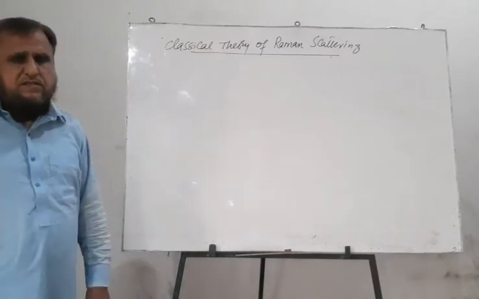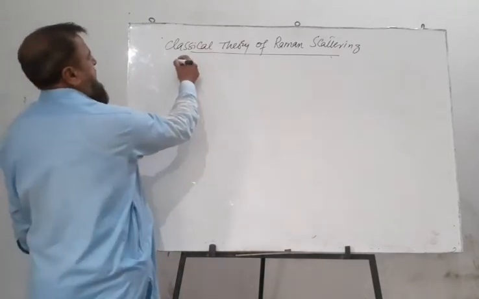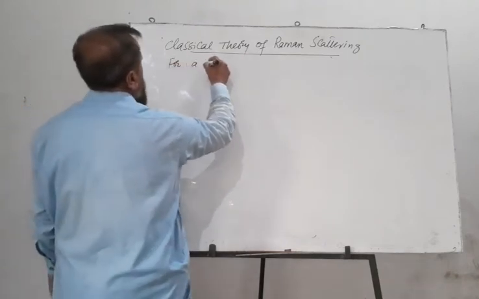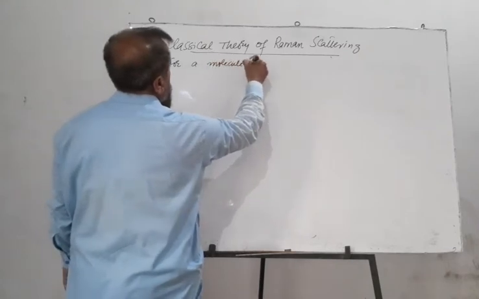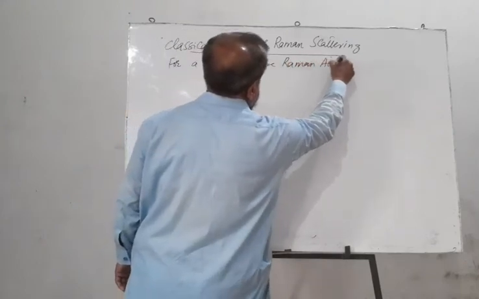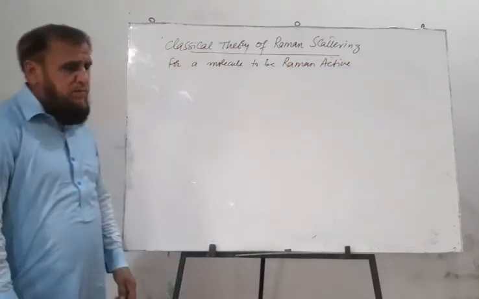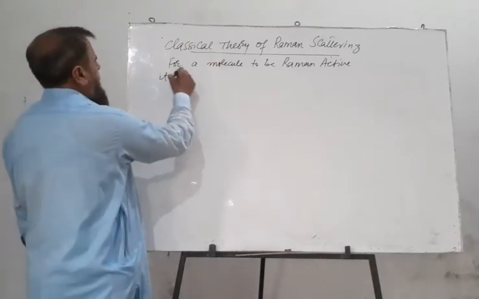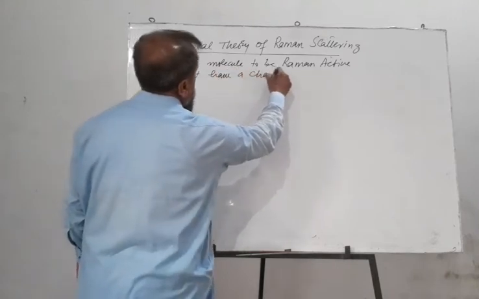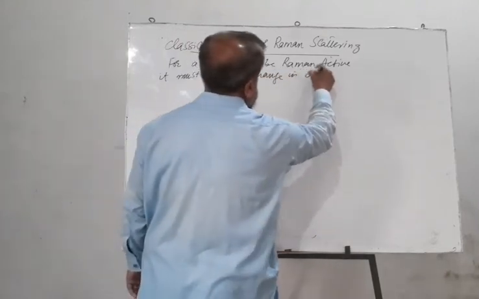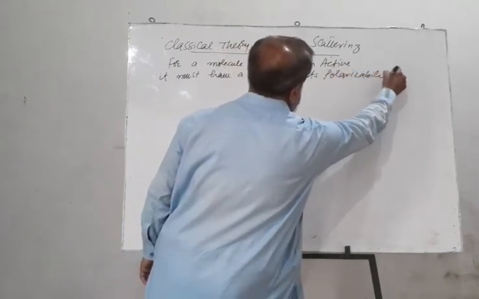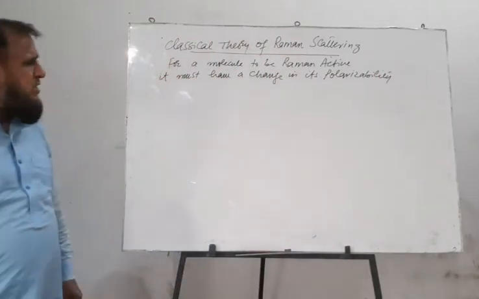In the previous lecture, we discussed that for a molecule to be Raman active, it must have a change in its polarizability. It must have a change in its polarizability.